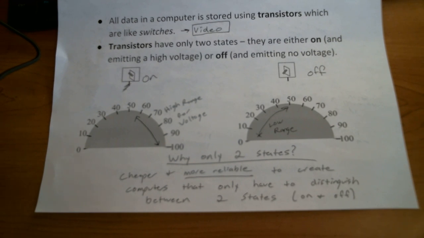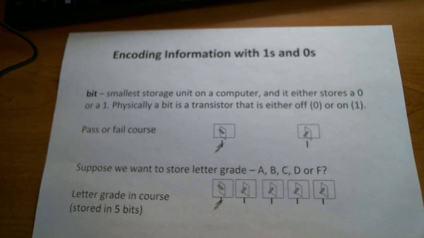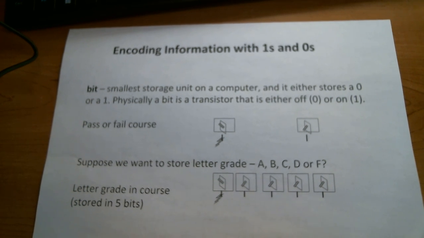So all the data in the computer is stored using these transistors. How exactly does that actually work? A transistor is a switch. It can be on or off. How does that then translate to actual data that we're storing? We can use these switches to encode information, with ones and zeros.